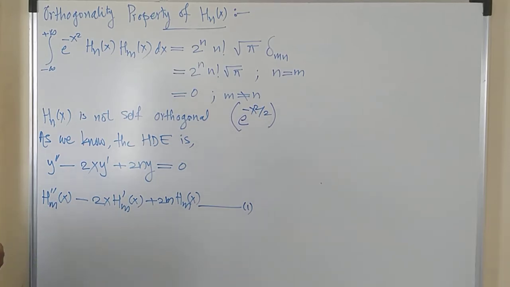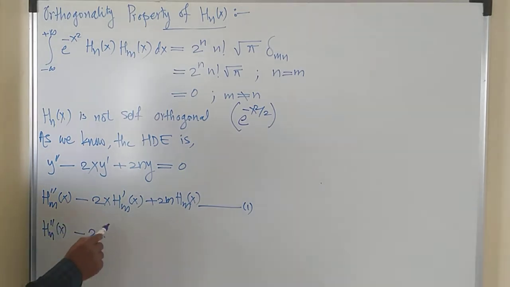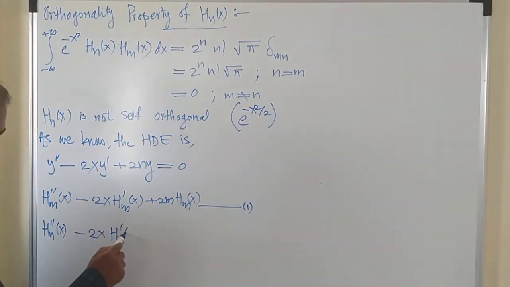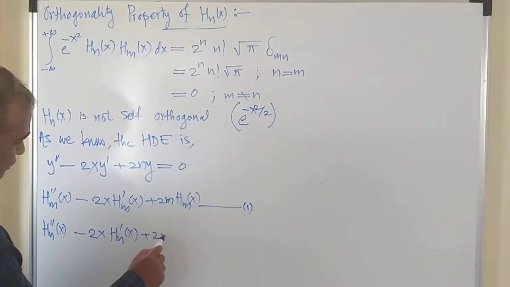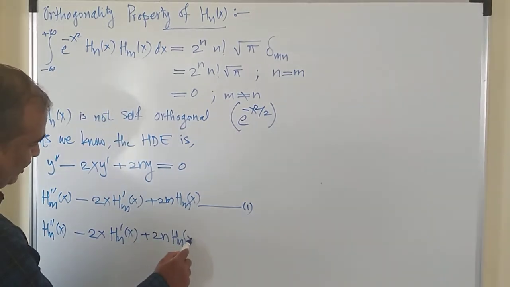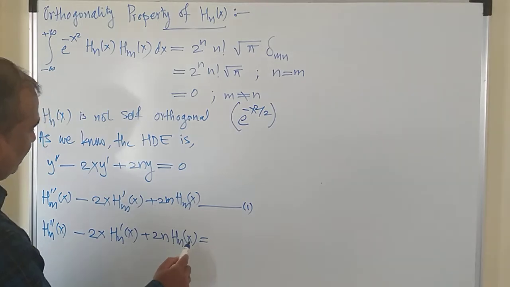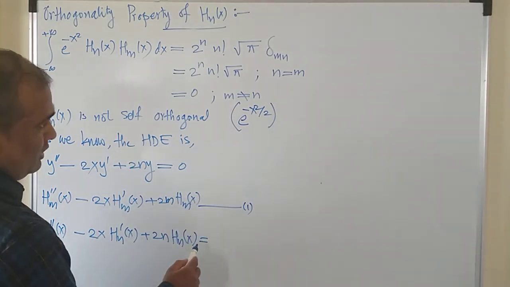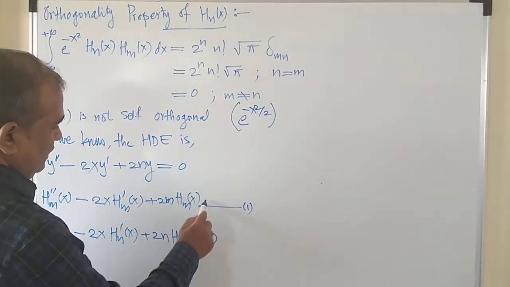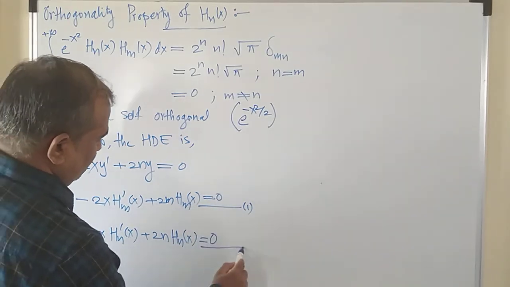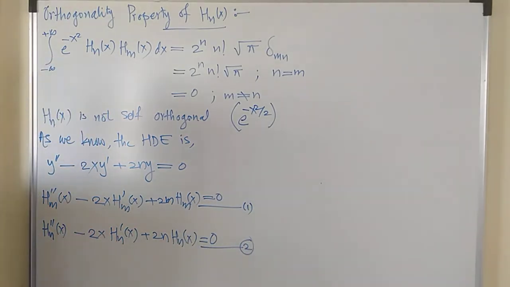So let's write the differential equation for Hn of x: Hn double dash of x minus 2x into Hn dash of x plus 2n into Hn of x equals 0. Let us say this is equation number 2.